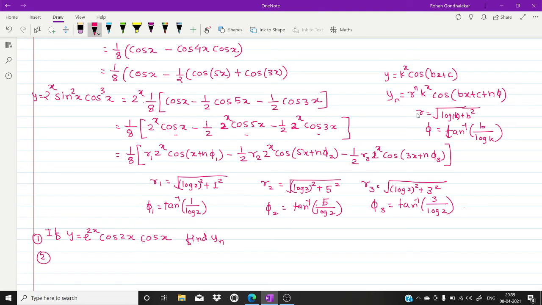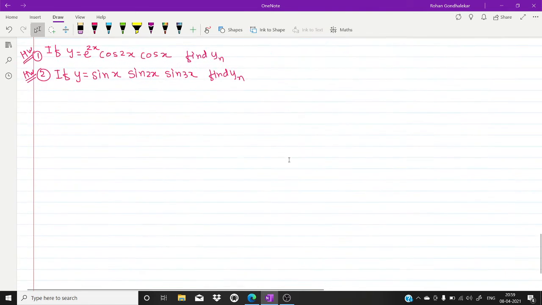And the second is, if y is equal to sin x into sin 2x into sin 3x, then find yn. So try both homeworks and post your answers by tomorrow morning. I am waiting for your reply.